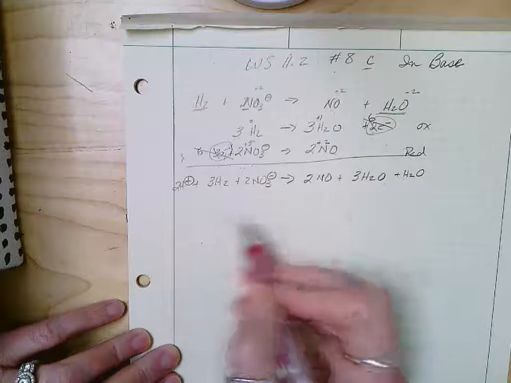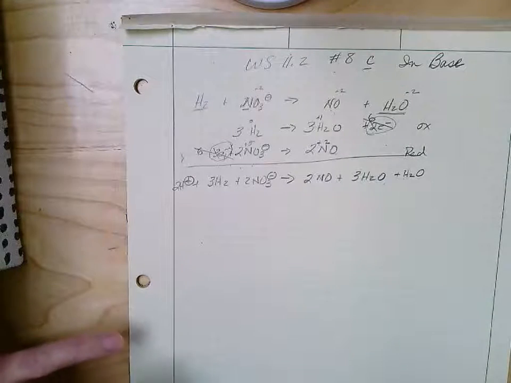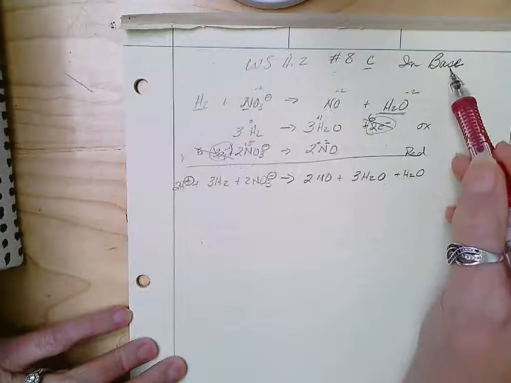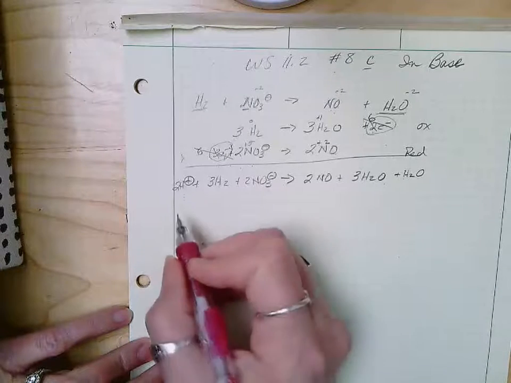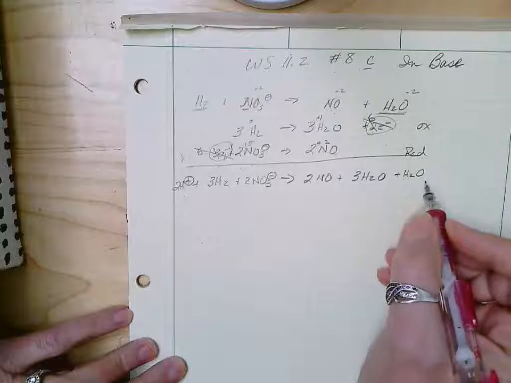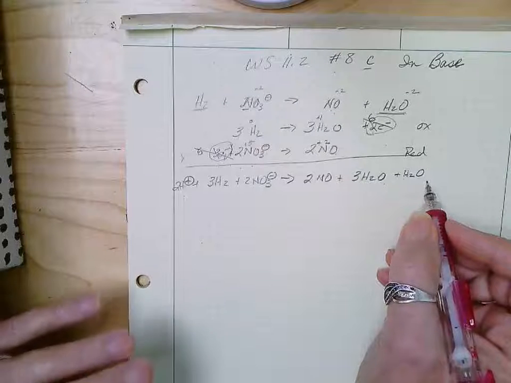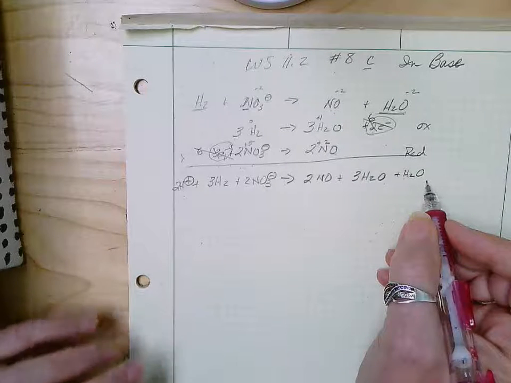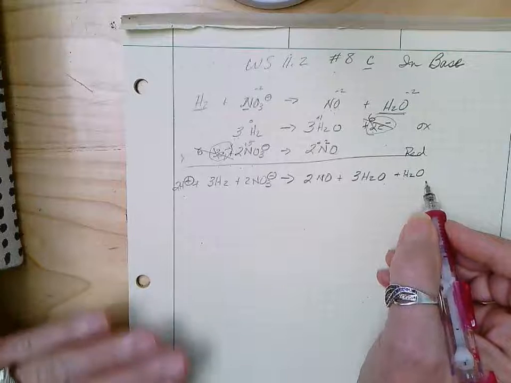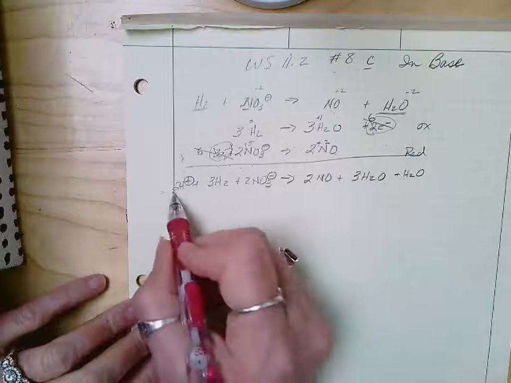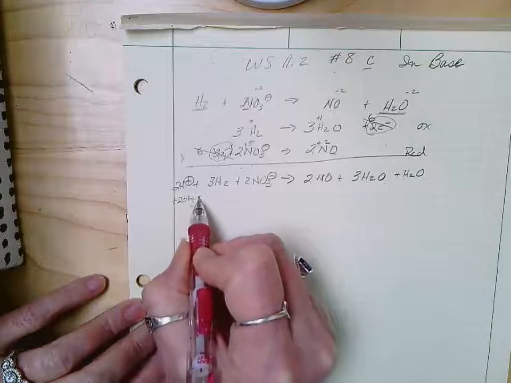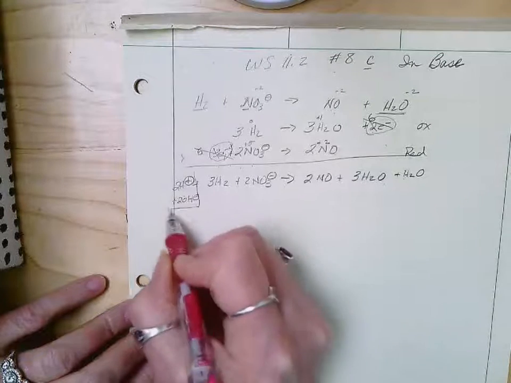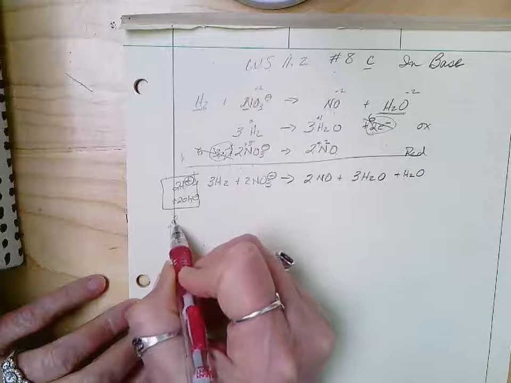Now that I've got my hydrogens back in balance, since this is in base, I can't have hydrogen ions. So I'm going to add hydroxides to both sides to get rid of those 2 hydrogen ions. So I'm going to add 2 hydroxide ions, and this would make 2 molecules of water.